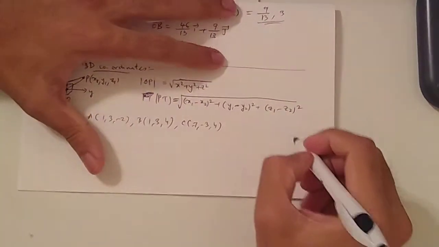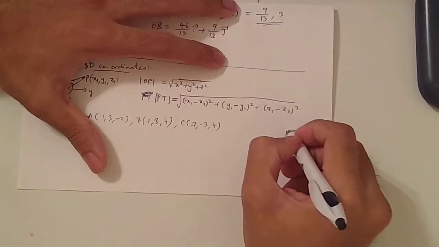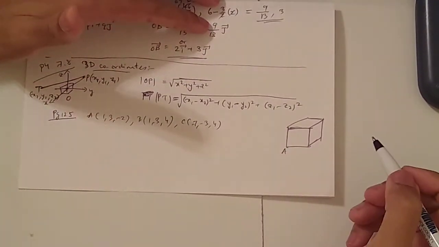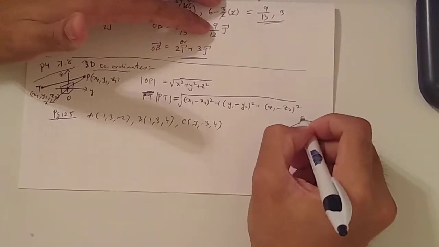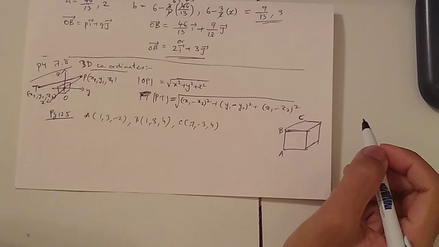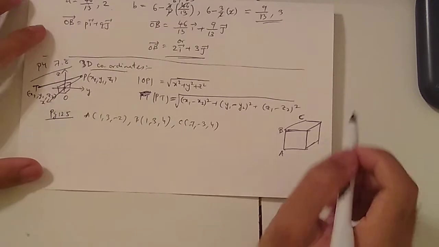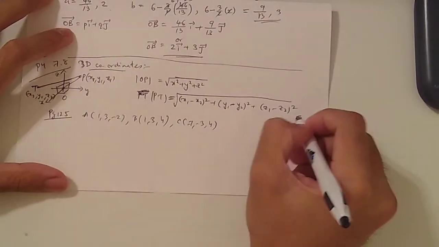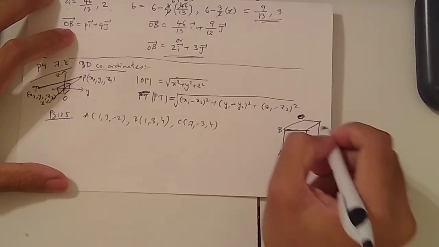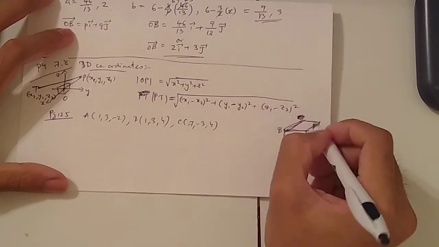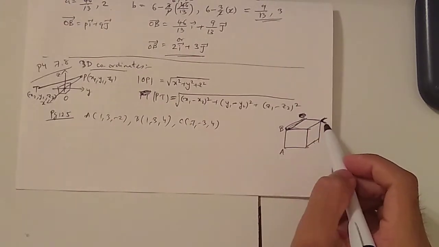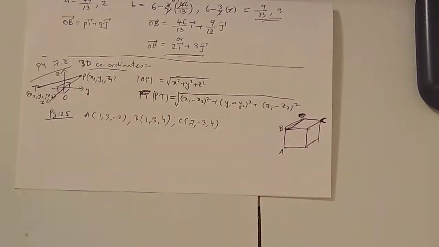Since it is a cube, it does not matter where C is being placed for the time being, but we are asked to find the remaining 5 vertices.